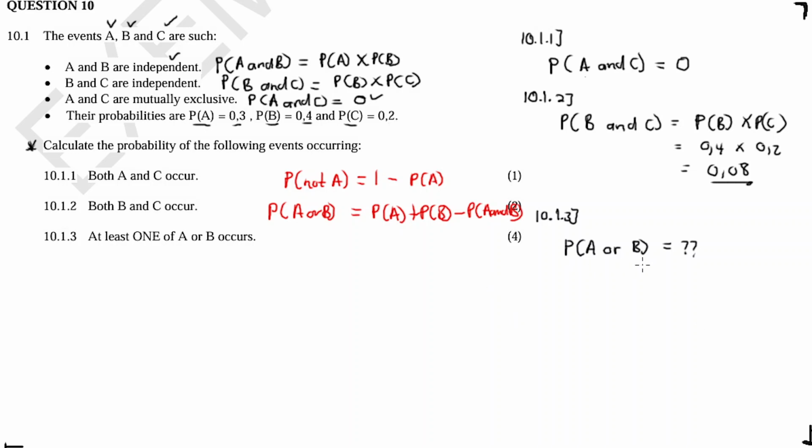So we want the probability of A or B. I do have the probability of A, and I do have the probability of B. I don't have A and B, but we can calculate this one.